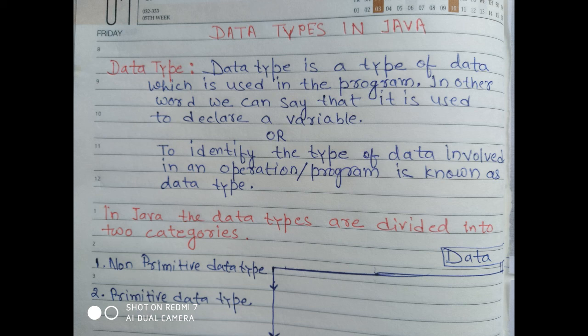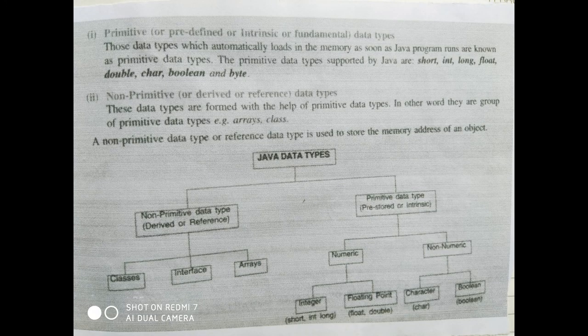In Java, data types are divided into two groups: non-primitive data types and primitive data types. Now we are going to discuss the different types of data types. First is the primitive data type. Primitive data types are also said to be predefined or fundamental data types.